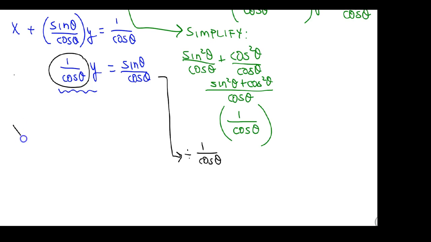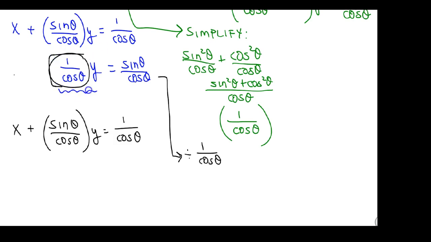Well, first of all, my first row is done. I'm just copying it over again. And now to get my new second row with a coefficient of 1 on the y, I'm dividing each term by 1 over cosine of theta. So I have 1 over cosine of theta divided by itself gives me 1y.